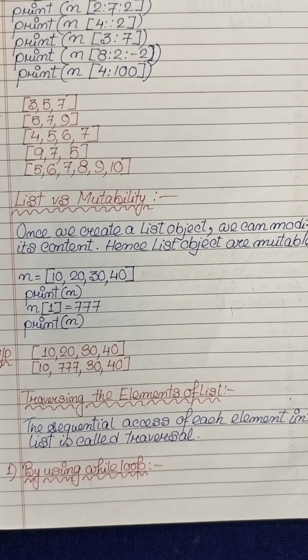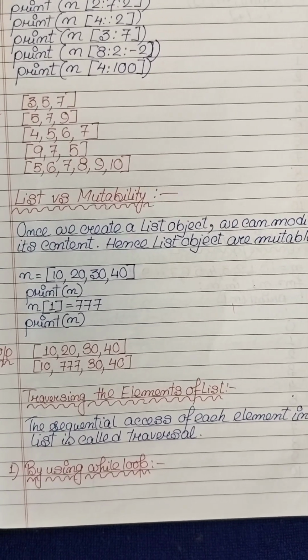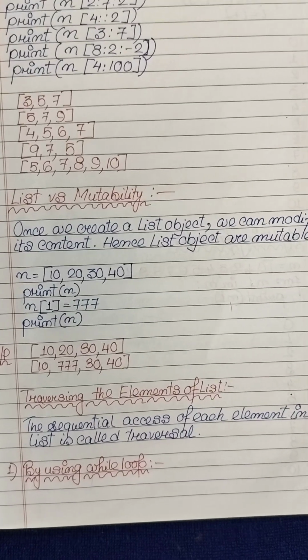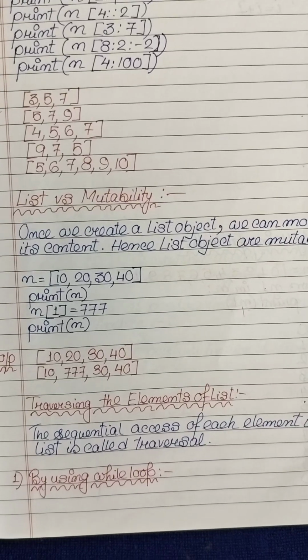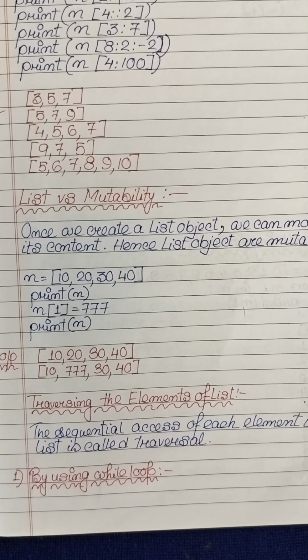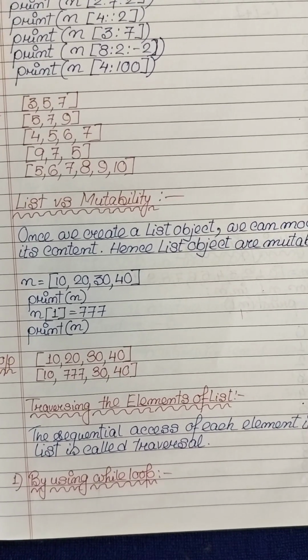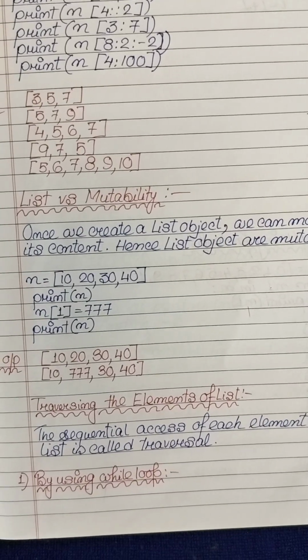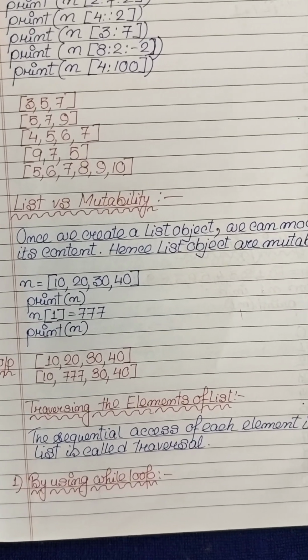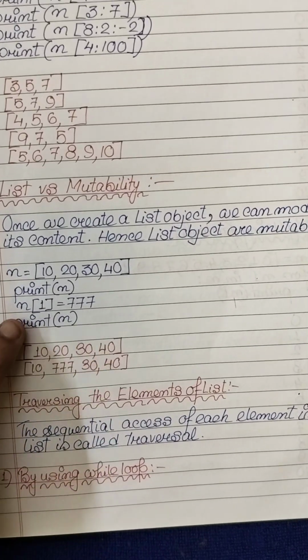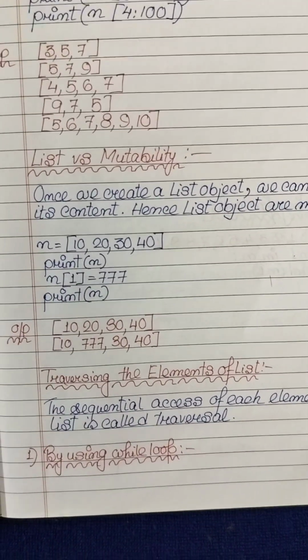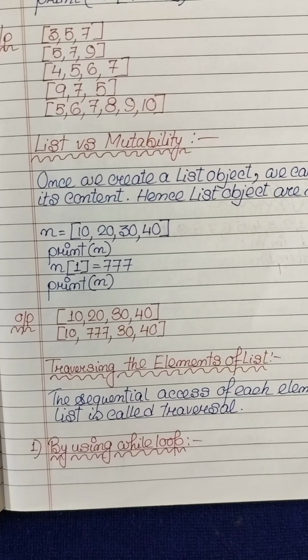Suppose here is an example: n is equal to the list 10, 20, 30, 40. Print n. After print n, it will print 10, 20, 30 and 40. Next, n[1], that means the index position. n is the variable, the list, and index position 1 is equal to 777.